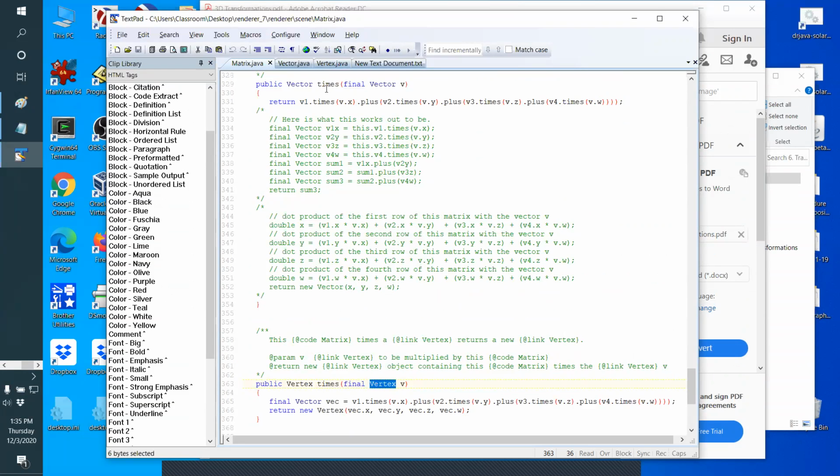Matrix times vector returns a vector, and matrix times vertex returns a vertex. So all the possible combinations are in here, and that's done in the matrix class.